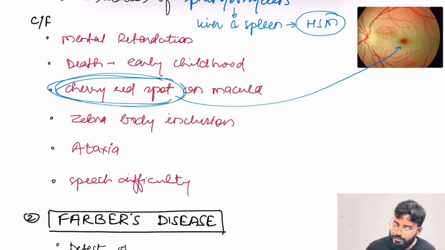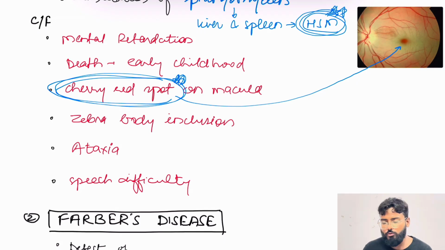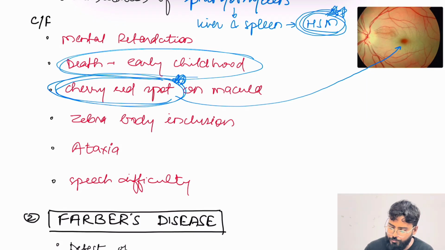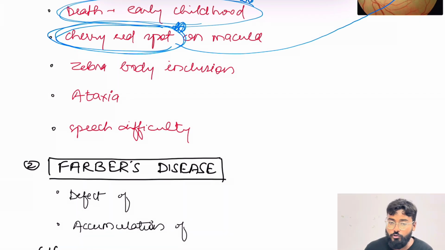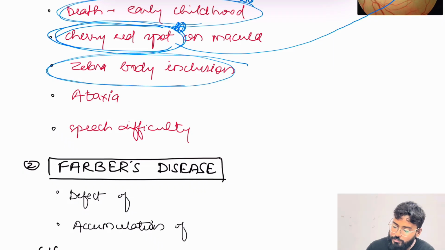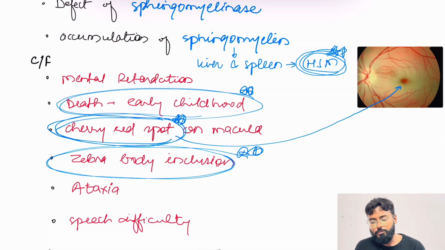So the important things that you need to remember here are hepatosplenomegaly, cherry red spot on macula, death in early childhood, which is also important because you are not going to see it in many other sphingolipidoses, and zebra body inclusion. So these you must remember.